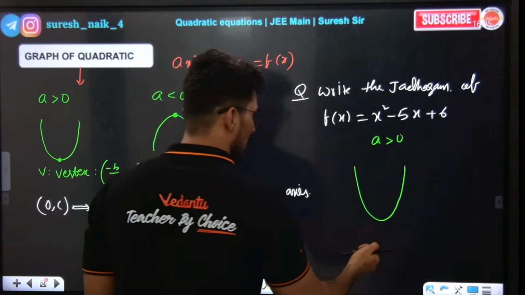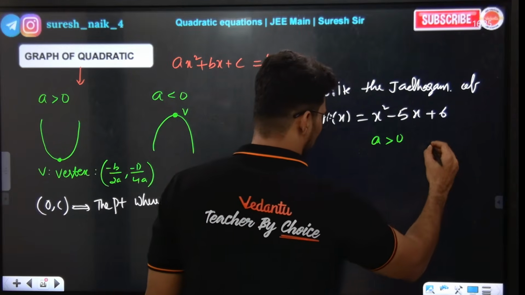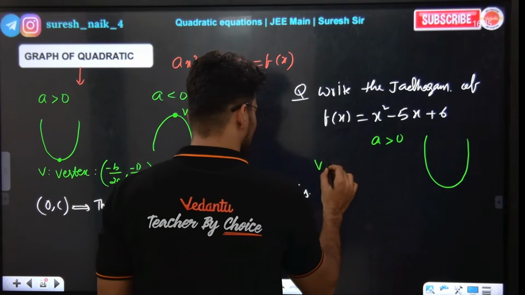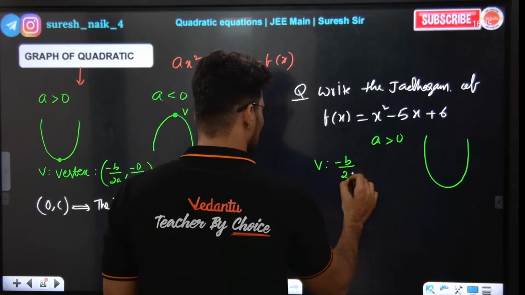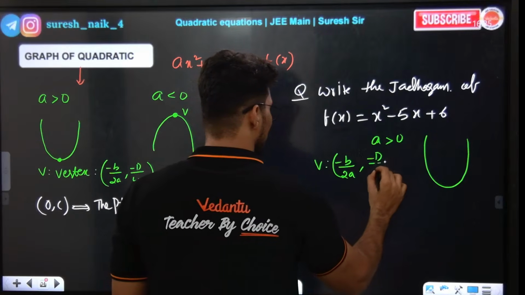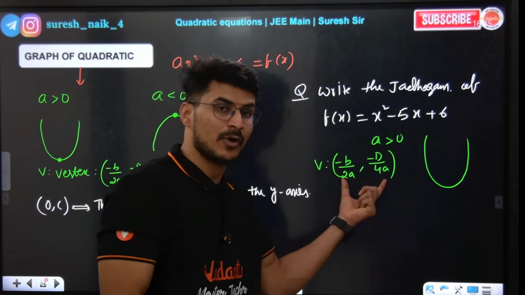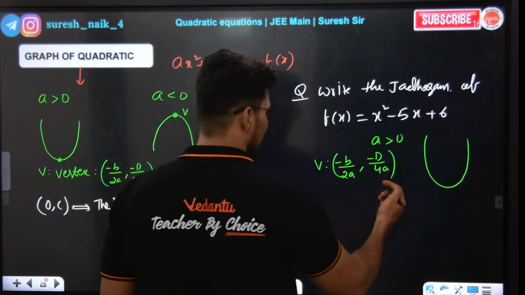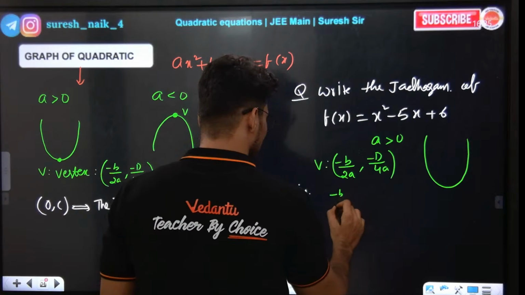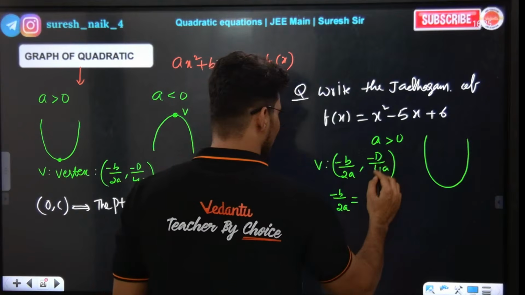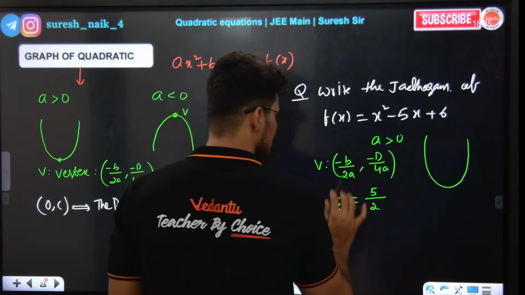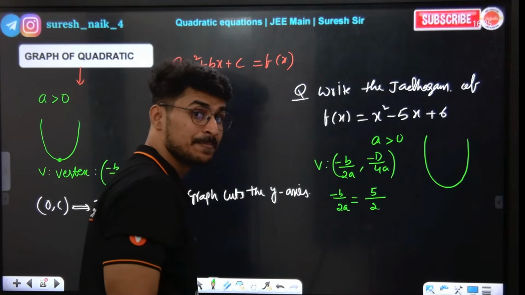So I want the vertex, how? It is definitely an upward parabola. I need its vertex, which is minus b by 2a, comma minus D by 4a. This vertex is very important. Minus b by 2a means minus b, so 5 by 2 is the x coordinate of the vertex.